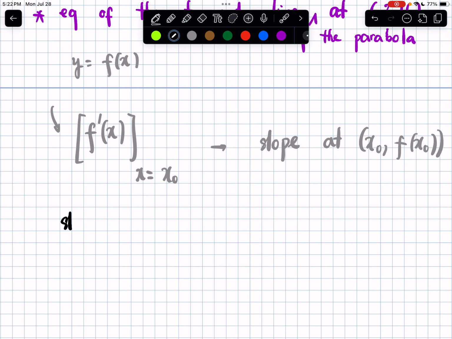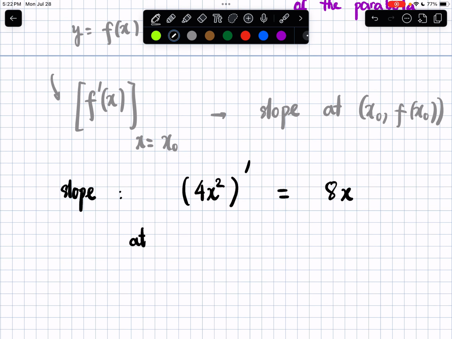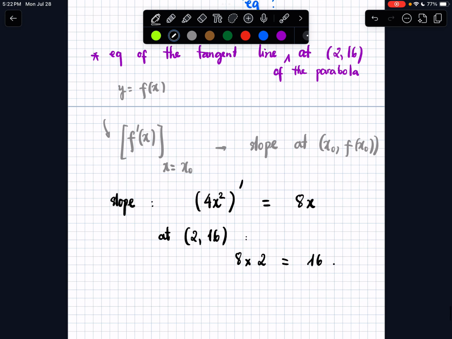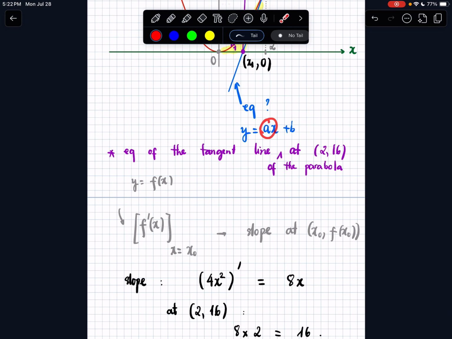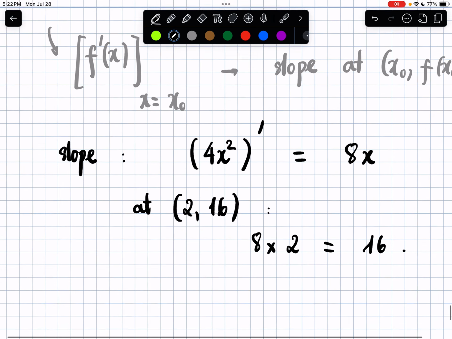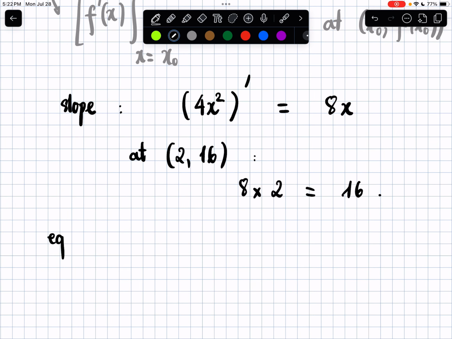The derivative of 4x squared is 8 times x, and at the point (2, 16), x equals 2, so the slope is 8 times 2, which is 16. This means that a is 16. So the equation of the tangent line is y equals 16x plus b.